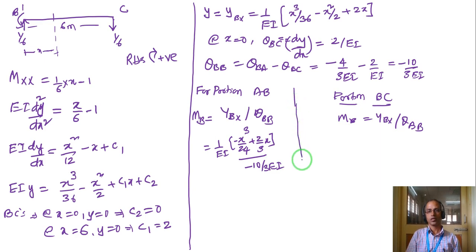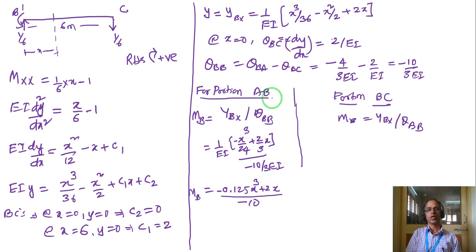Similarly, this is nothing but my minus 0.125 x cube plus 2x by minus 10. This is the ordinate for moment B in the portion AB.